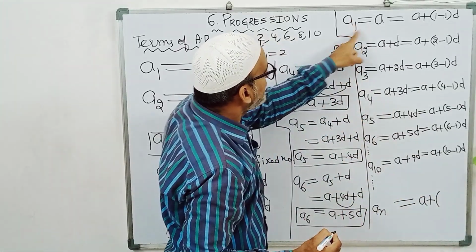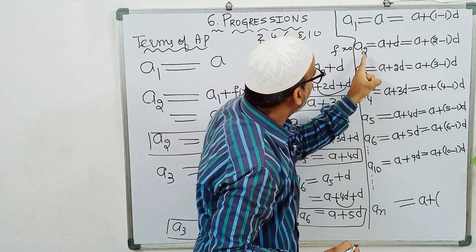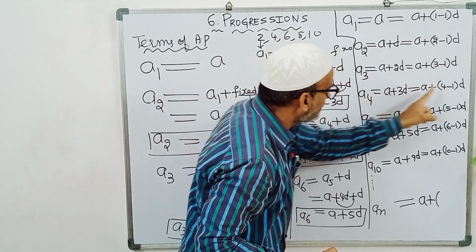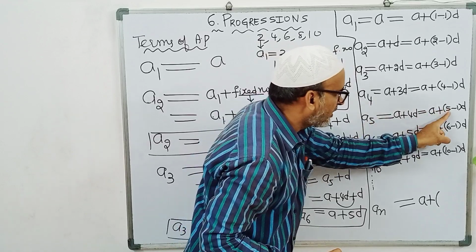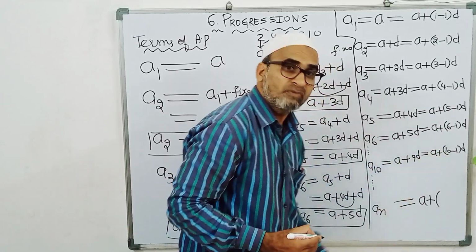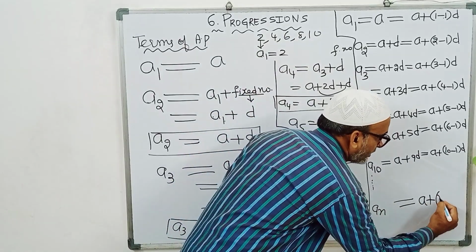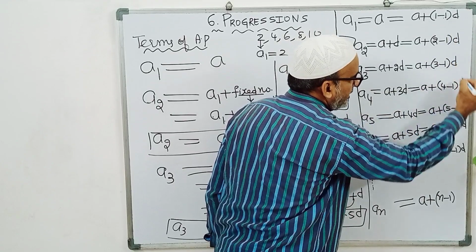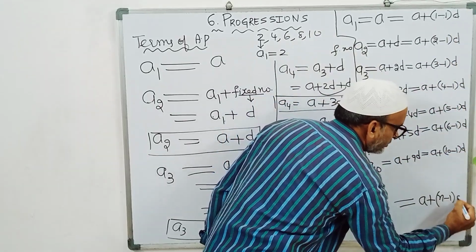If 1 is there, you wrote 1 minus 1. If 2 is there, 2 minus 1. 3 is there, 3 minus 1. 4 is there, 4 minus 1. 5 is there, 5 minus 1. 6 is there, 6 minus 1. 10 is there, 10 minus 1. If n is there, what will you write? N minus 1, D, here also.